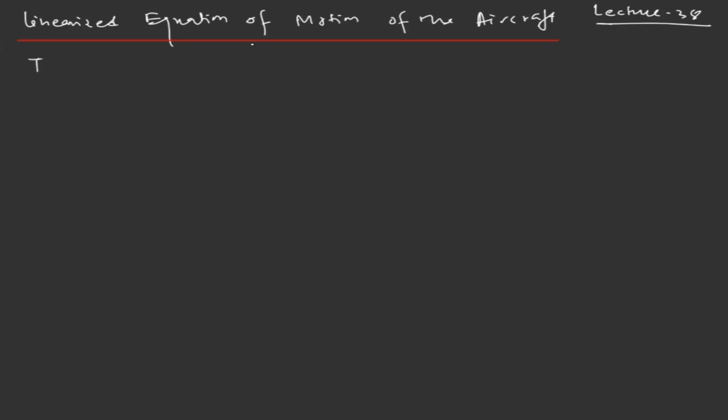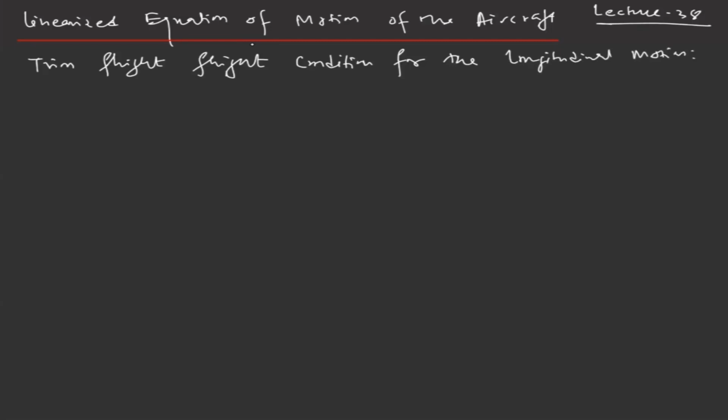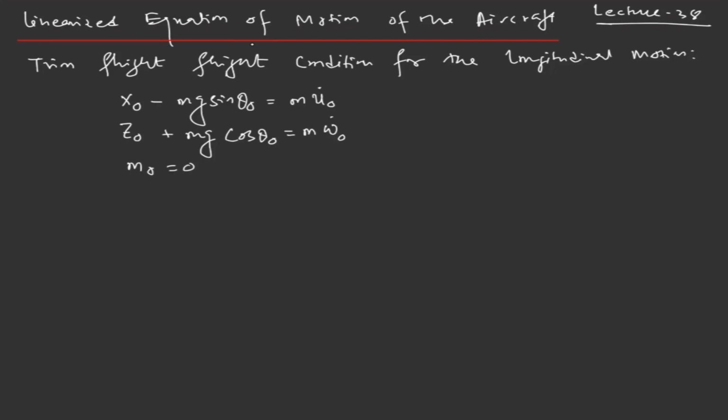So the trim flight condition for the longitudinal motion, we had X naught minus mg sine theta naught equal to m u naught dot, Z naught plus mg cos theta naught equal to m w naught dot, and M naught equal to 0.